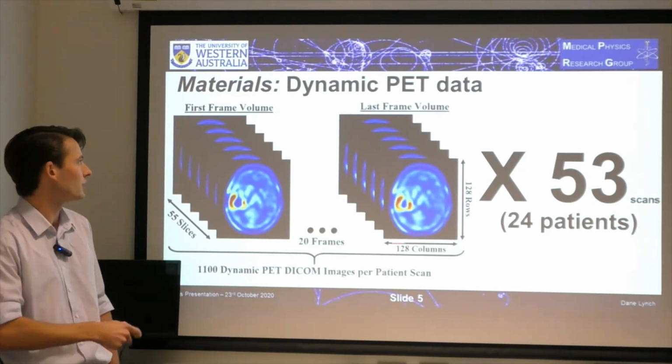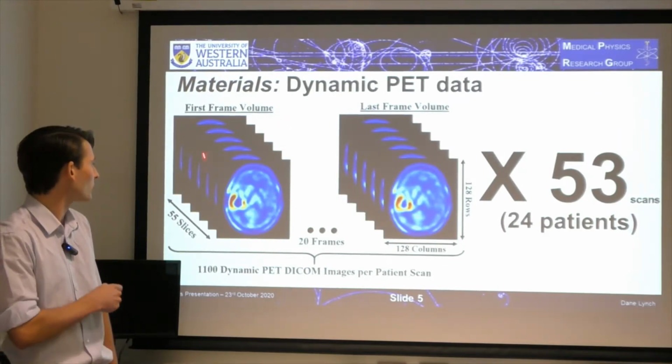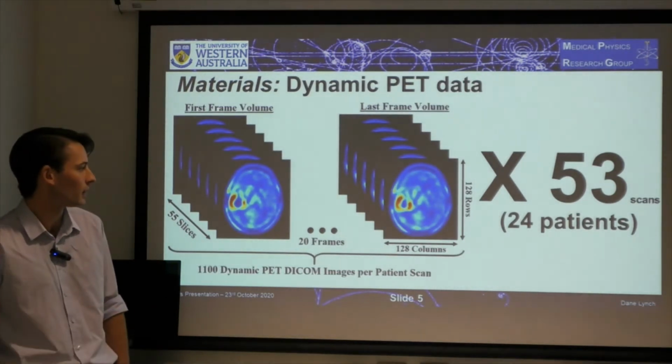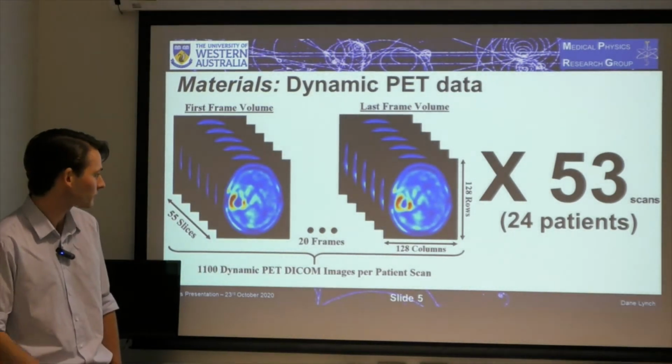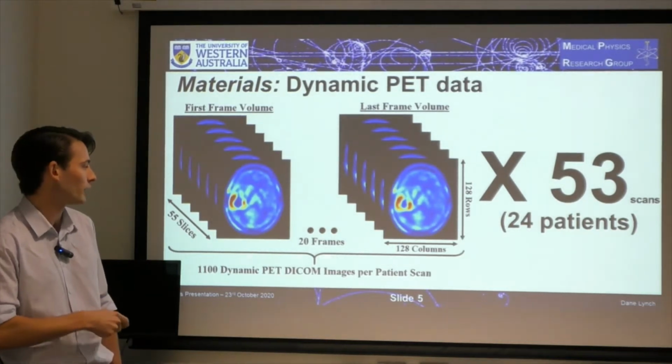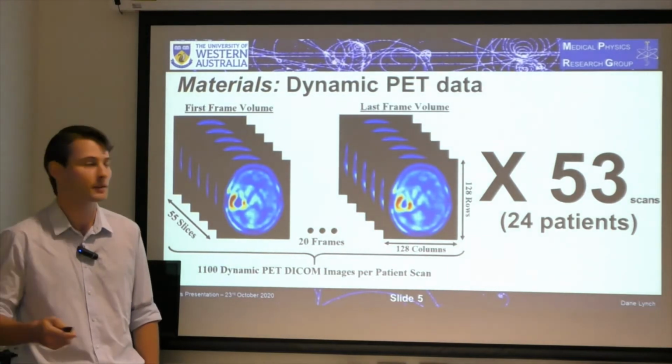This is the structure of the dynamic PET set, where each time frame had 55 slices of 128 by 128 rows and columns. Each PET frame was a minute apart, totaling 20 frames over 20 minutes.